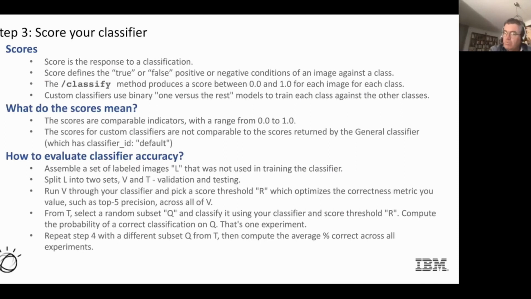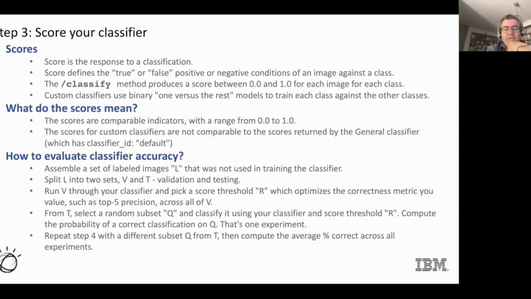That's the internal process in order to differentiate the patterns that can be identified within the training sets. The scores are comparable indicators from 0 to 1, so that's what we get back from the API. The scores for custom classifiers are not comparable to the score returned by the general classifier, which has classifier ID default. So if you get 0.5 in the general classifier, you may get 0.6 or 0.2 in a custom classifier. So they are not directly comparable.